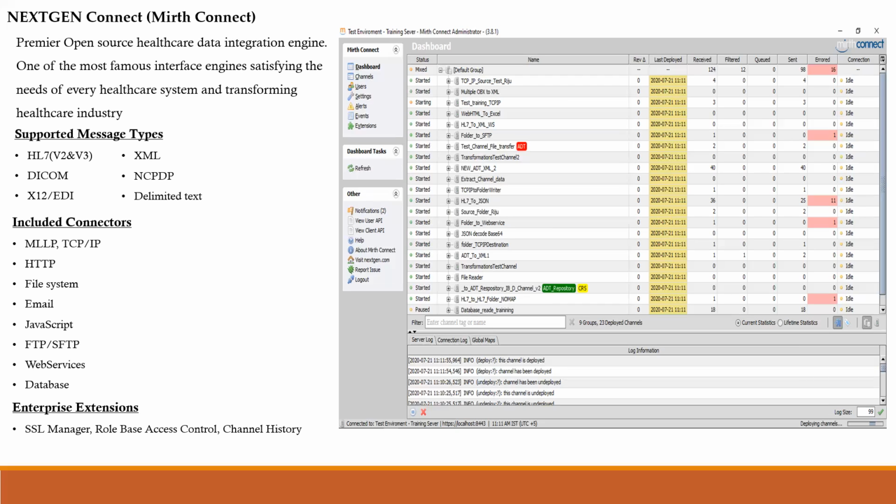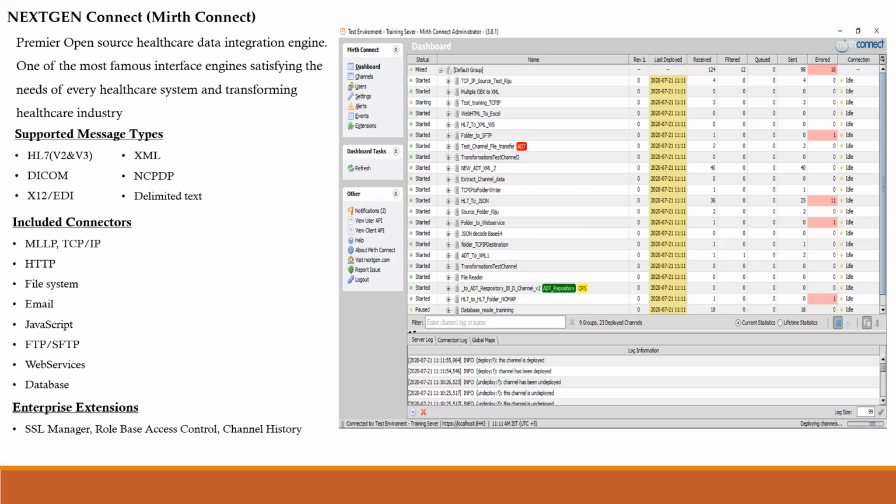So there are various message types that are supported by most of the integration engines. As you can see, all of these support HL7v2, XML, DICOM, X12, delimited data, raw data, data being pulled out from the database. So all of these are supported by most of the integration engines.